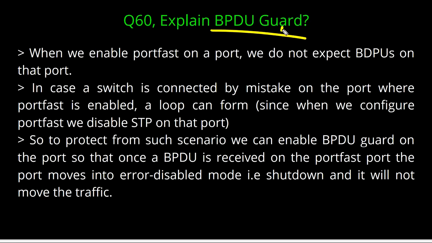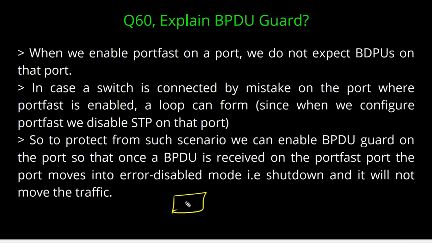So again, a guard is a protector, and this guard will protect BPDU. Root guard will protect your root bridge, and BPDU guard will protect your BPDU. So when we enable port fast on a port, what will happen? Understand with one scenario.